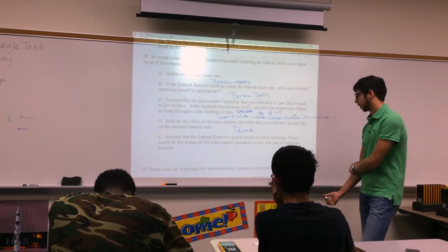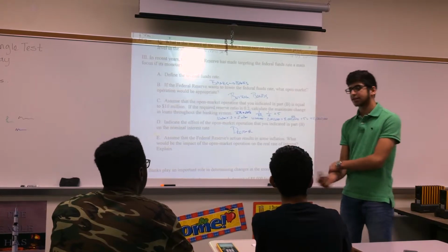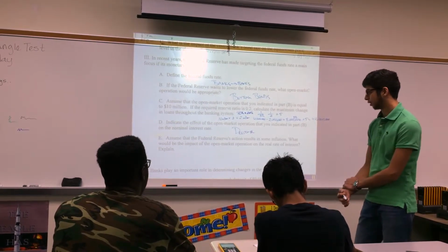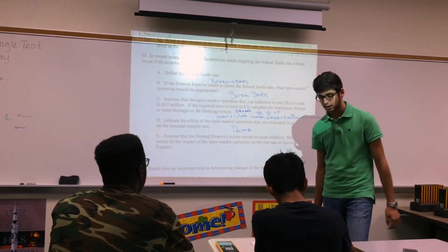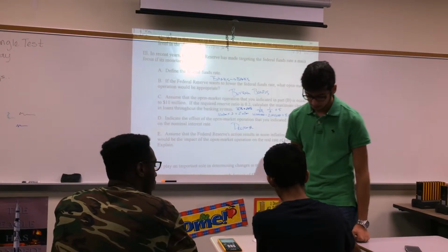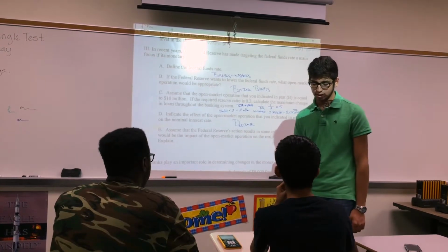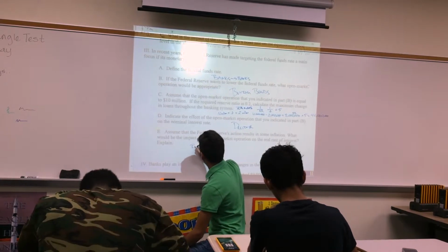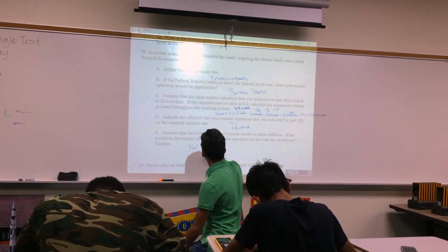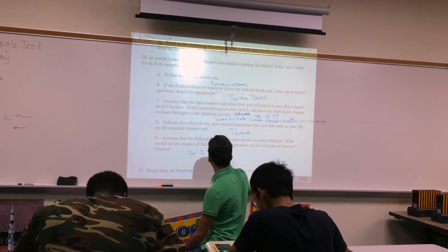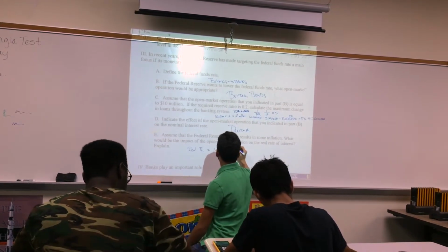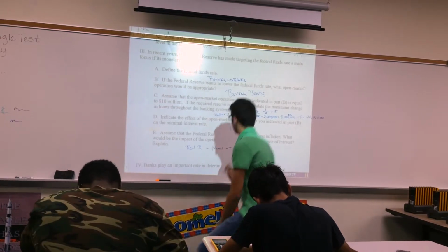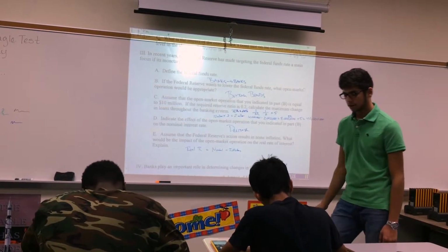Now, since the Fed bought some bonds, that resulted in some inflation, and now you need to look at the impact on the real rate of interest. Looking at your notes, your real rate of interest is your nominal interest rate minus your inflation rate.